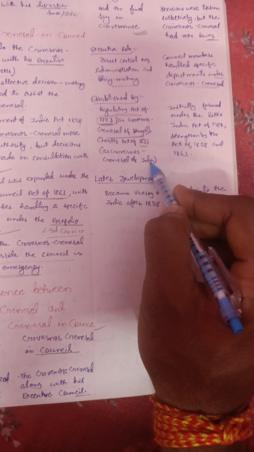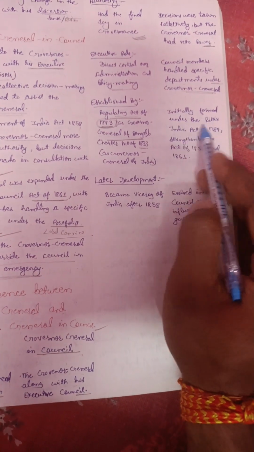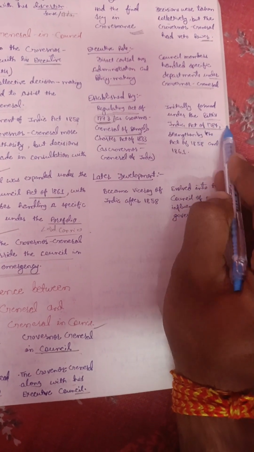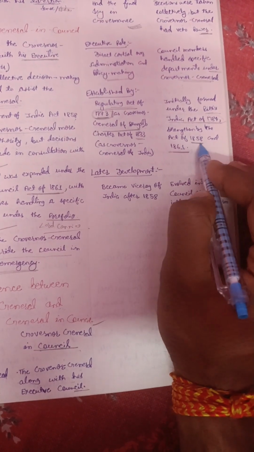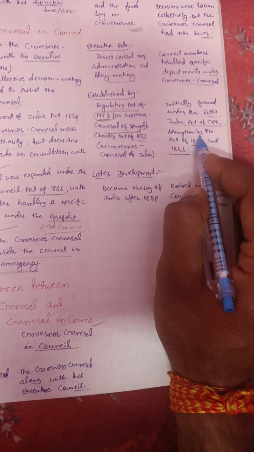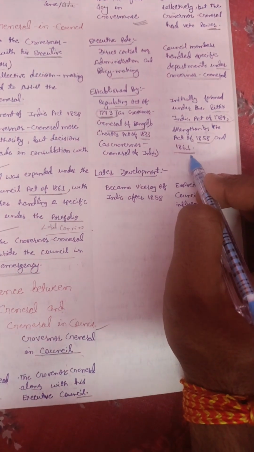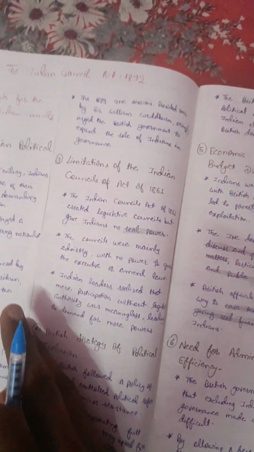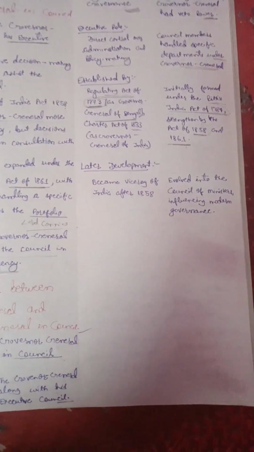Now let's see how the Governor General in Council was formed. Initially it was formed under Pitt's India Act of 1784 and strengthened by the Acts of 1858 and 1861. In 1858 little say was given and there were very few members, in 1861 it was increased, and later we will see that in 1892 more members were added.